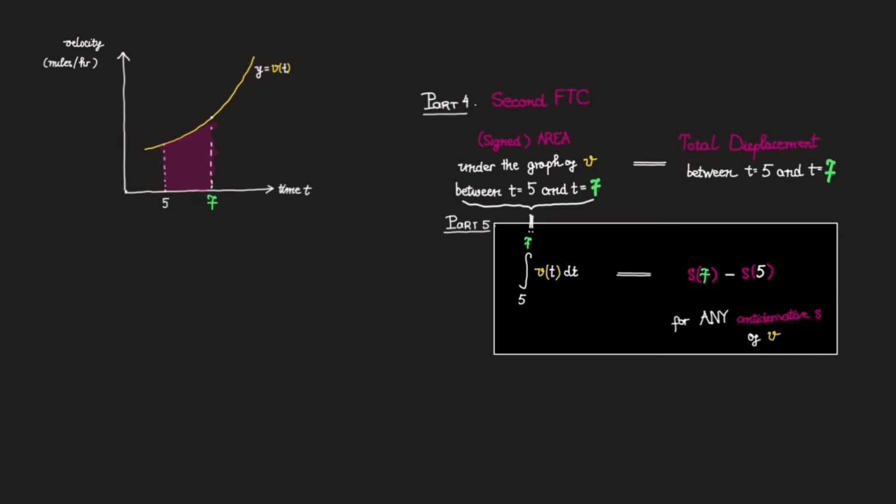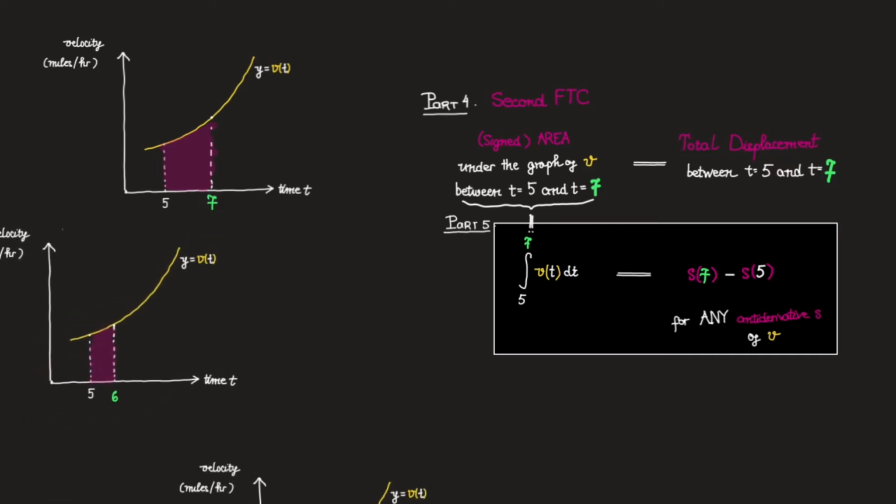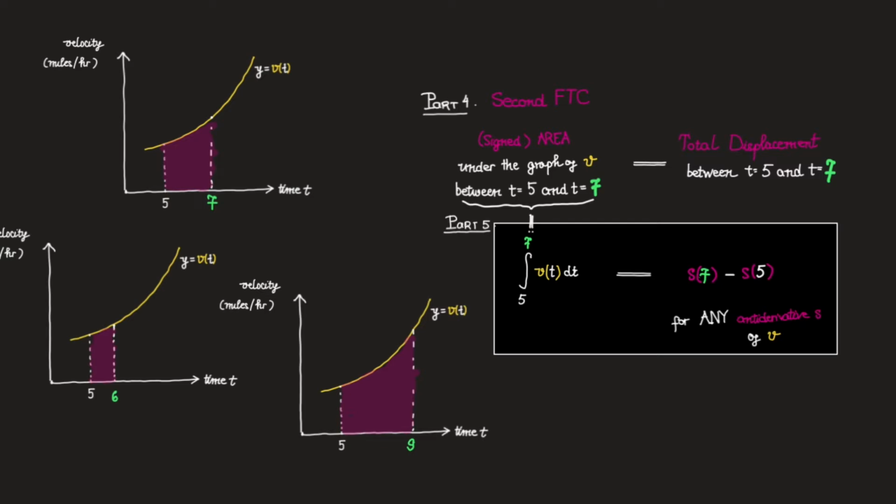Now, of course, there is no reason why we have to use 7. The same theorem applies if we replace 7 with 6, or if we replace 7 with 9, and so on.